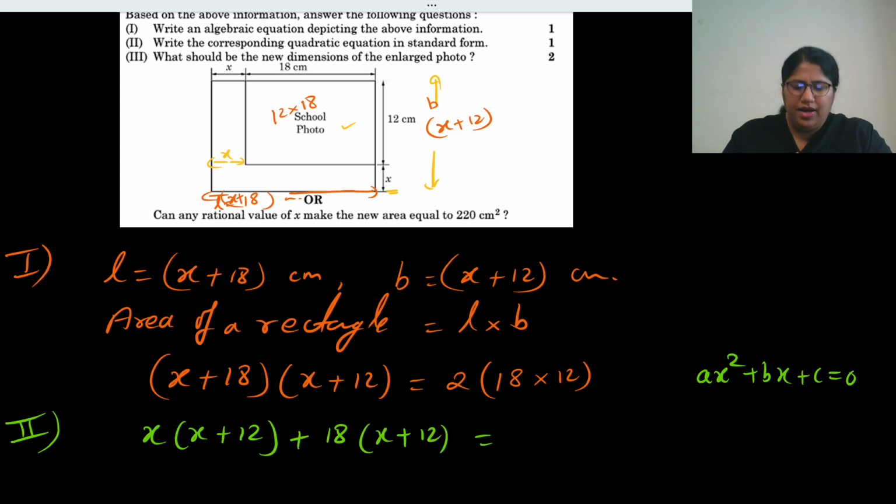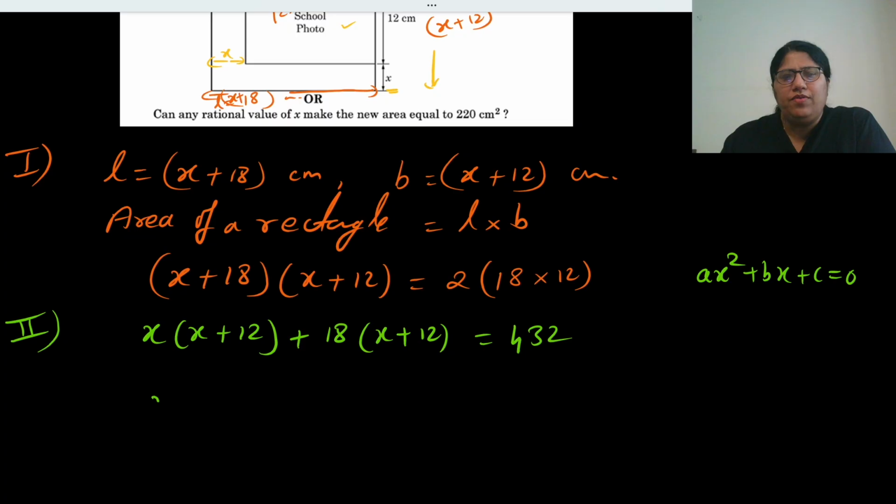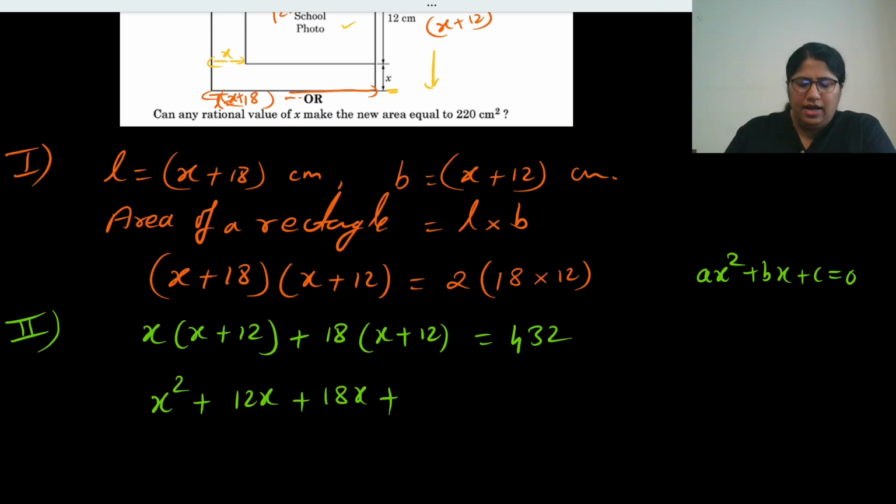Now you can multiply 18 times 12 times 2, which is going to be 432. So I am writing here 432. Get the simplest form of the equation: x square plus 12x plus 18x plus 18 times 12.